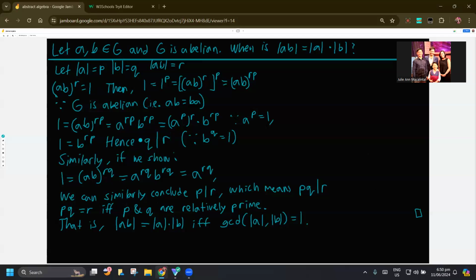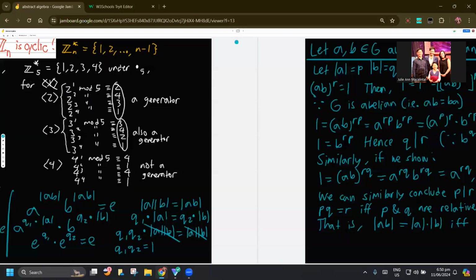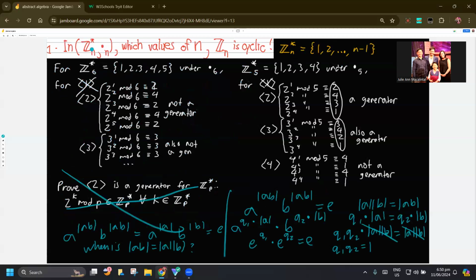This is also true when R is relatively prime to P. So this is only true when the orders of A and B are relatively prime, or co-prime.